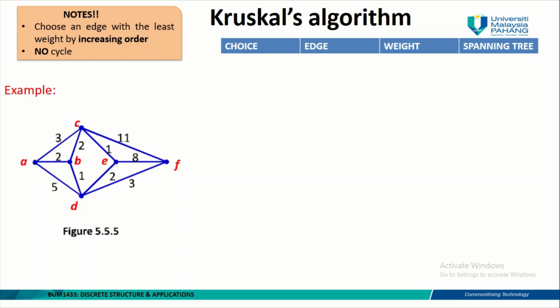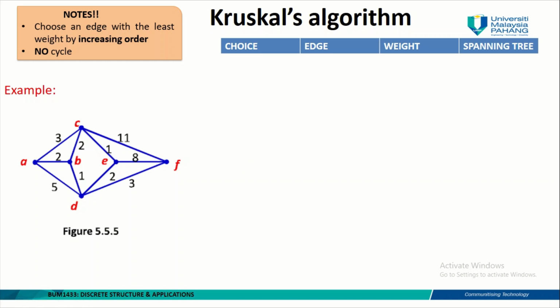Alright. So you also cannot create a cycle. Okay. So we need to avoid the cycle. So we use the same figure as the Prim algorithm, but the step in the table is different.